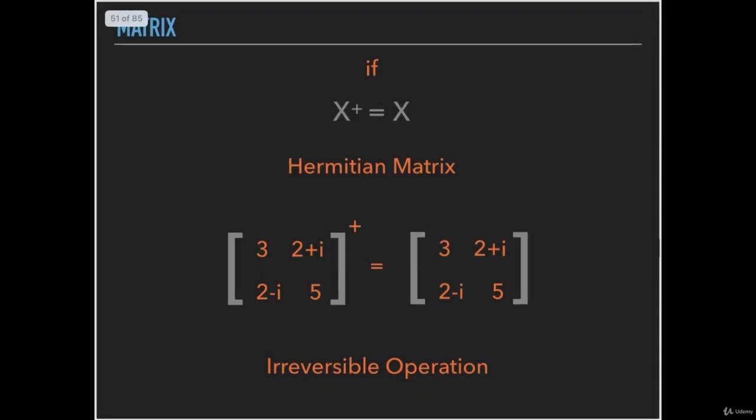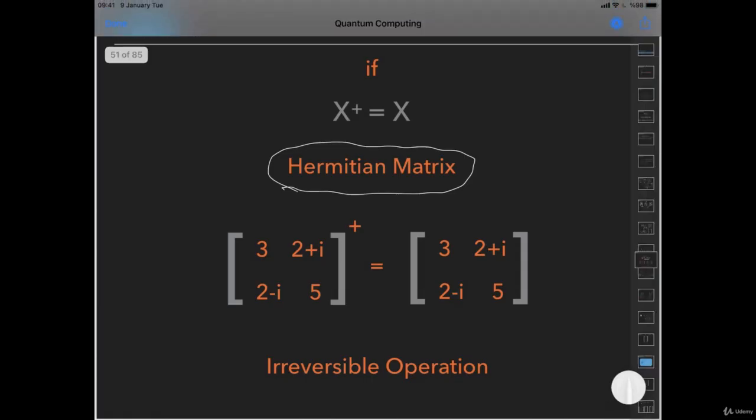So another matrix term that we need to know is called Hermitian matrix, and this is true if x adjoint is actually x itself, okay? And this represents the irreversible operations, so you cannot reverse this operation. So let's take the adjoint of this matrix, for example. Okay, so we have this, and remember, this can be a plus sign or a dagger sign.